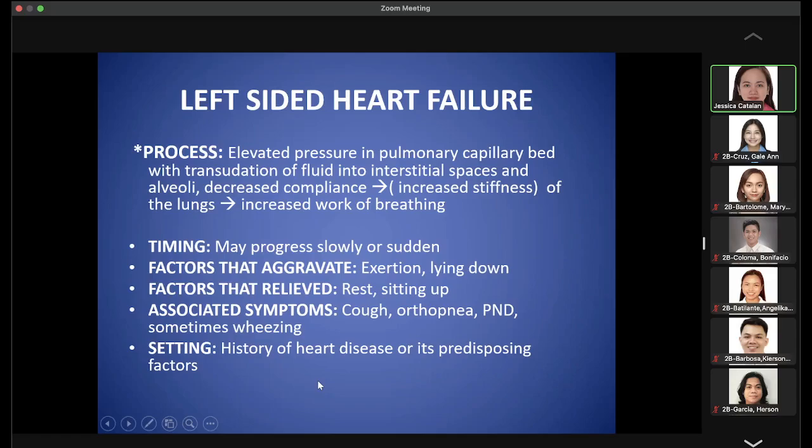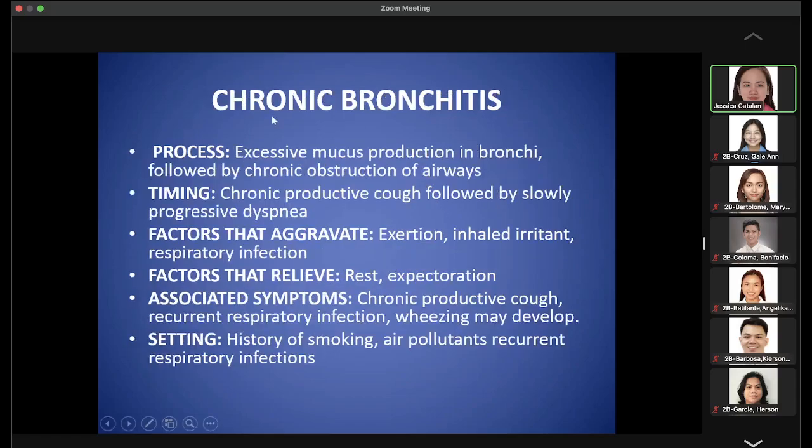So based on your history taking, meron pala siyang heart enlargement, meron pa talagang ischemic heart disease o known case na ng heart failure, then you can entertain left-sided heart failure. So, nakuha? Okay.